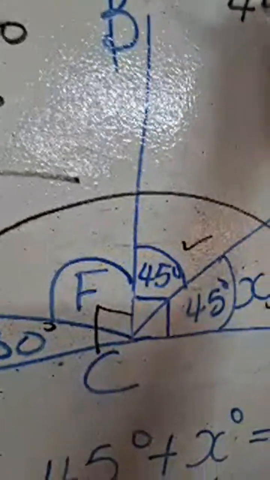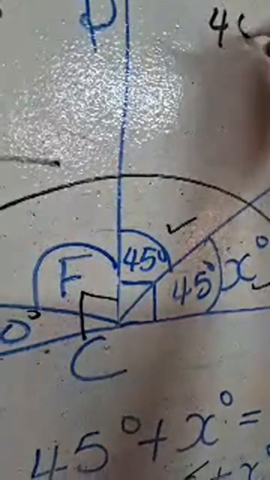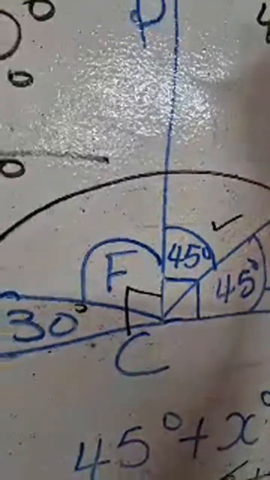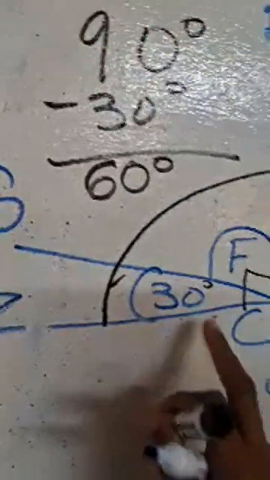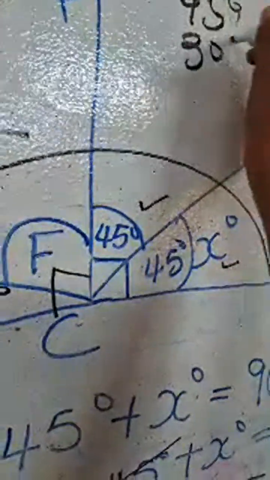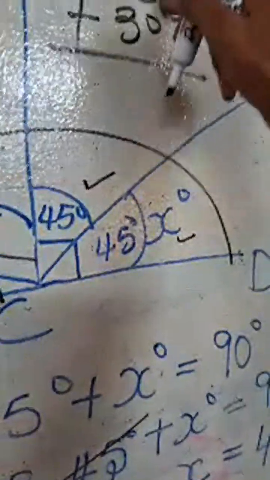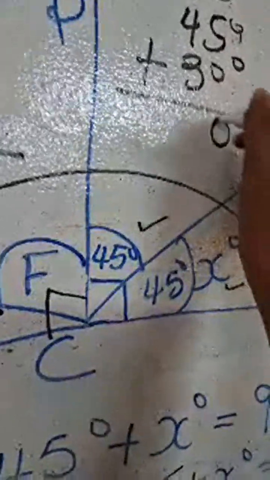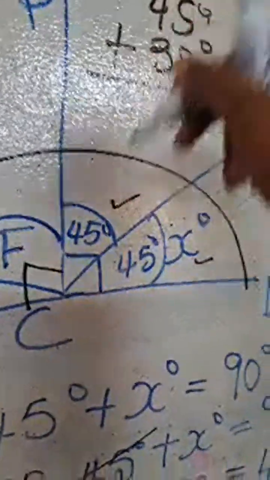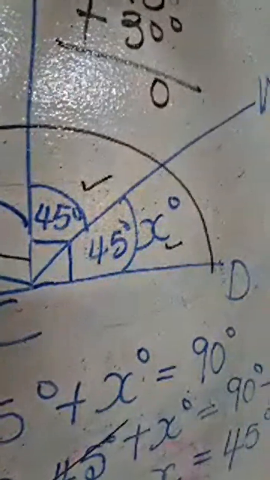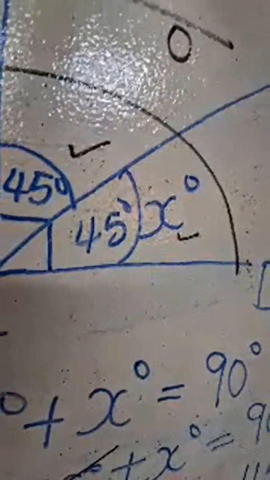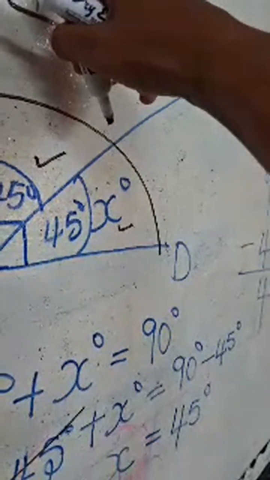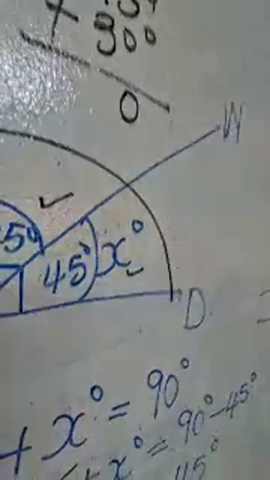Or we can say, 45 degrees plus 45 degrees plus this 30 degrees. We're going to add those together. 5 plus 5 is 10. Put the 0 down, carry the 1. 4 plus 1 is 5. 5 plus 4 is 9, plus 3 is 12.